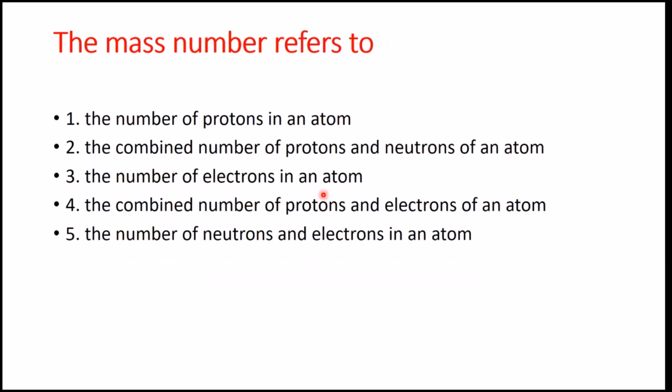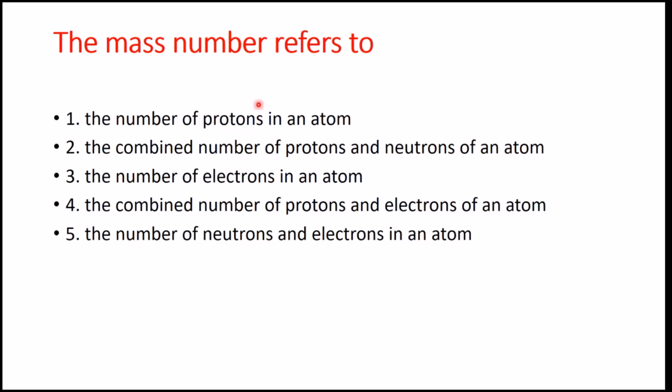The mass number refers to, this is the one we're going to have. It really looks very similar. Remember that question asked in the beginning of the session? I said they are very similar.